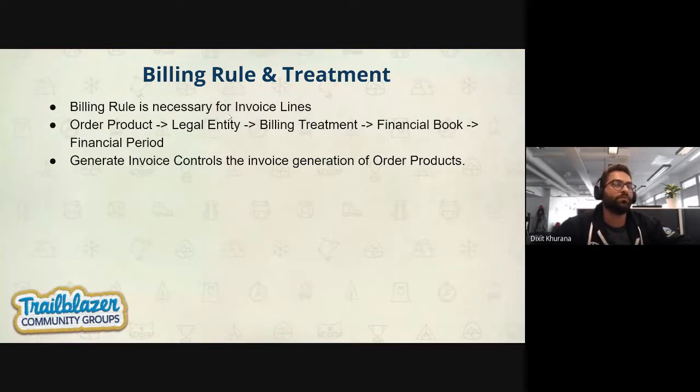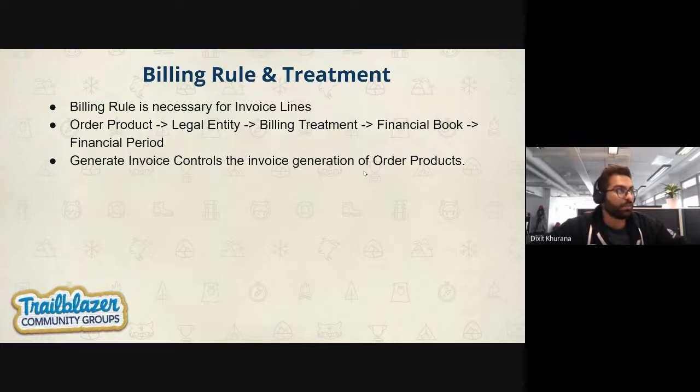If someone from finance wants to generate a report, they should have a particular period, to see how many invoices were generated or how much revenue they got in these financial periods. Now we have Generate Invoice, a field which controls the invoice generation of order products.